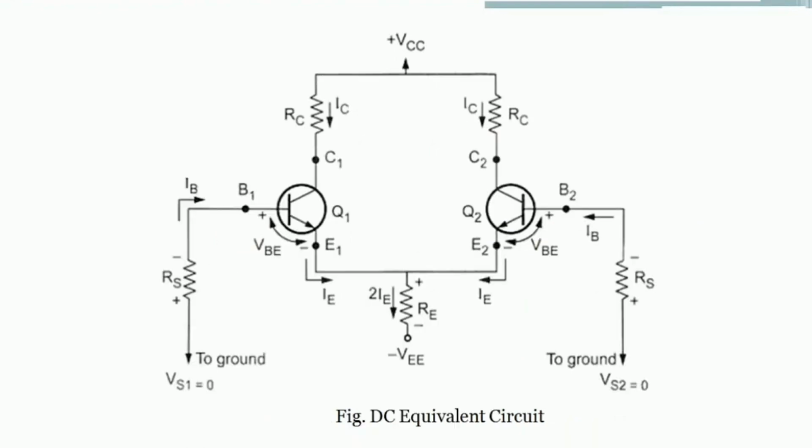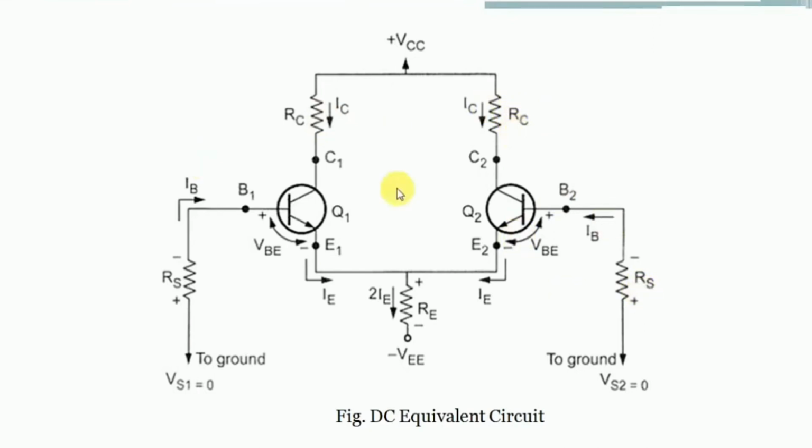Now, how is the DC equivalent circuit obtained? The DC equivalent circuit can be obtained by grounding the AC signals. This is the DC equivalent circuit shown here. If we observe, the circuit is symmetrical. For transistor Q1, the input resistance is Rs and the output resistance is Rc. Similarly for transistor Q2, the input resistance is Rs and the output resistance is Rc.